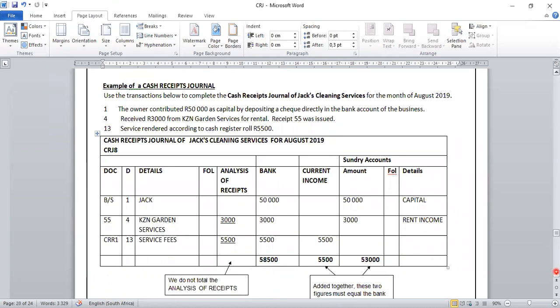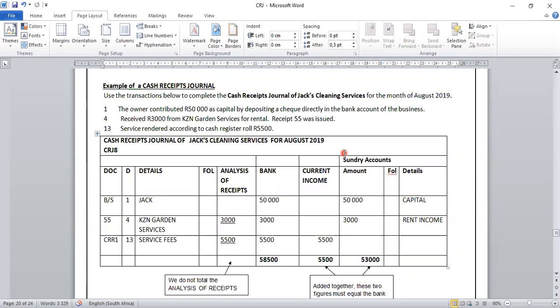This is our example for a cash receipt journal. We are told to use the transactions below to complete the cash receipt journal of Jack's Cleaning Services for the month of August 2019. So learners, very important to read the instruction or read the information before you proceed into recording the transactions.